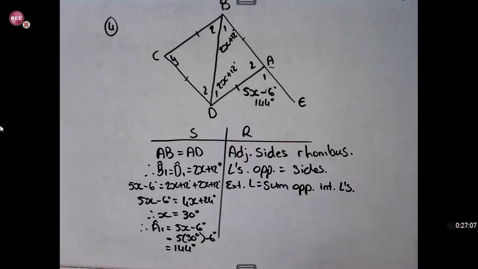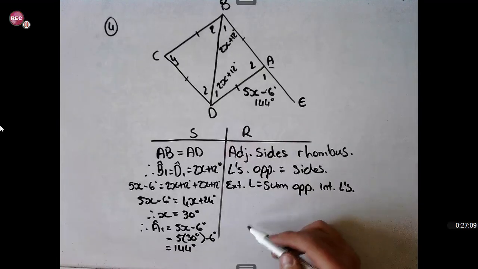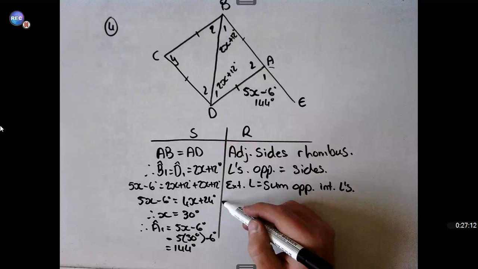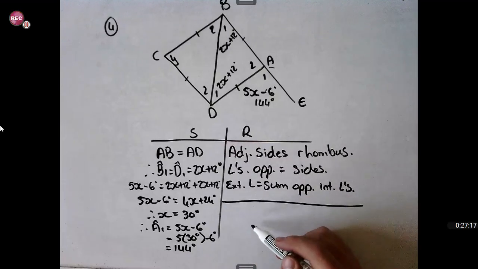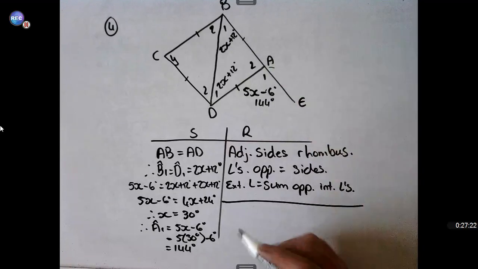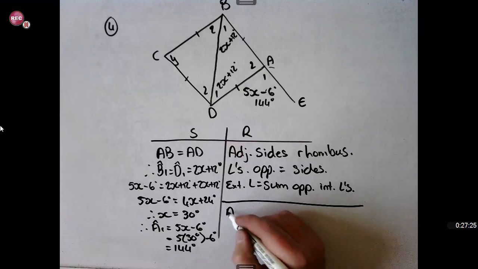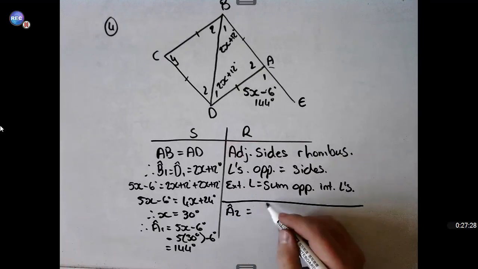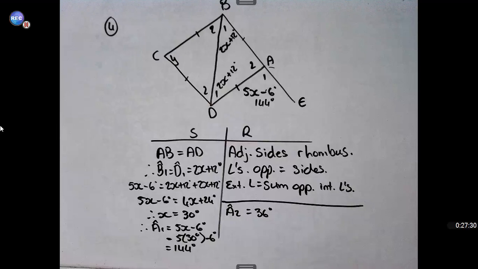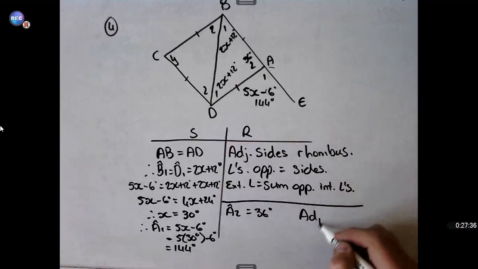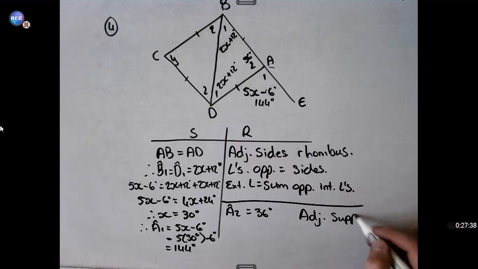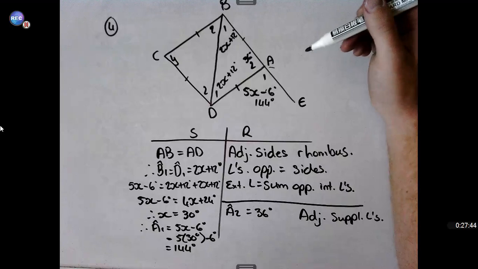I'm just going to work over here, separate from the reason side. I'm going to do the statement quickly for angle A2. Angle A2 is equal to 36 degrees, and the way you get angle A2 is by using adjacent supplementary angles, because A1 plus A2 is equal to 180.